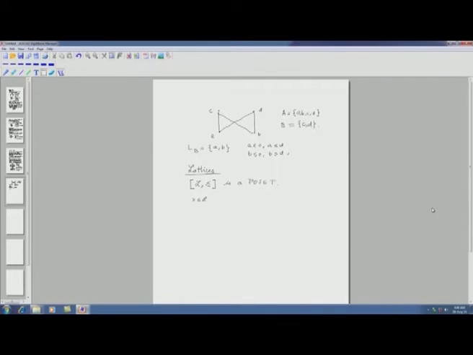So, suppose I consider an element x belonging to L, and another element y belonging to L, and then construct the set x y.